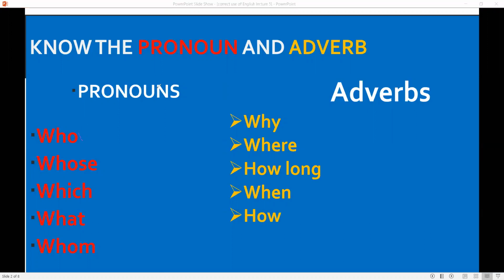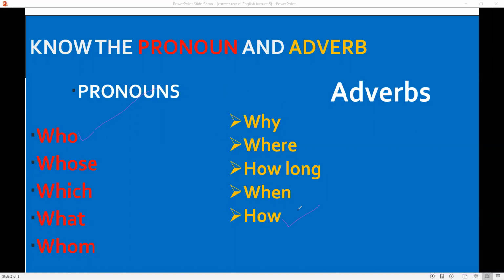Who, whose, which, what, and whom are pronouns. And why, where, how long, when, and how are adverbs. It means these words are used in place of noun. They replace the noun.